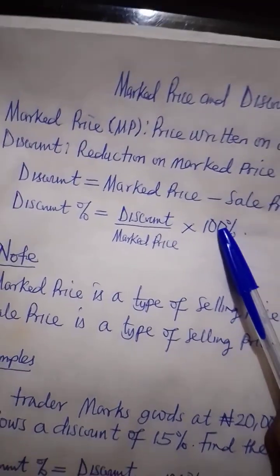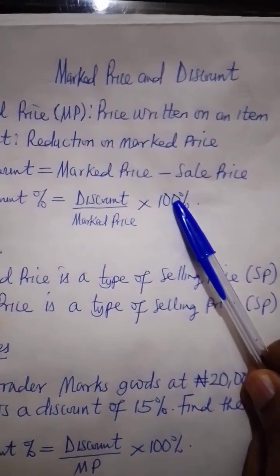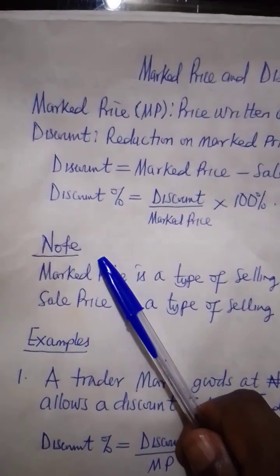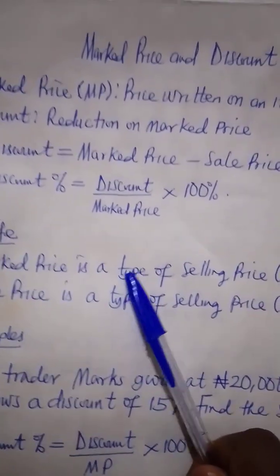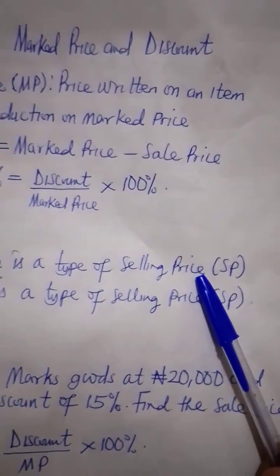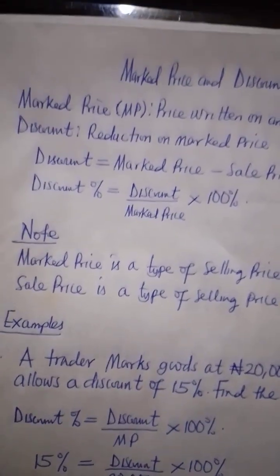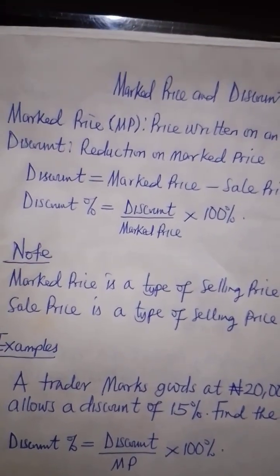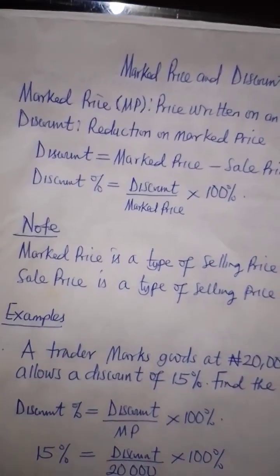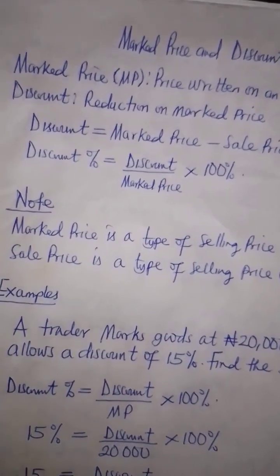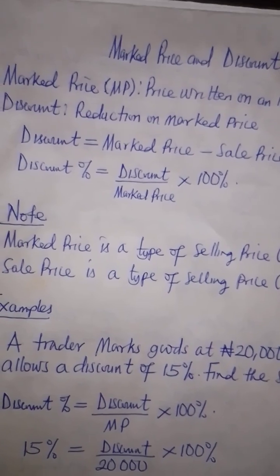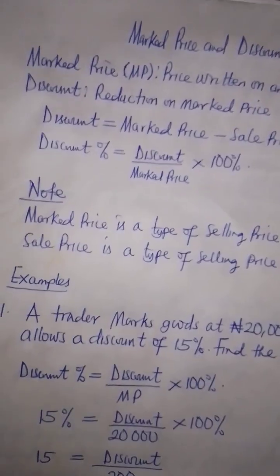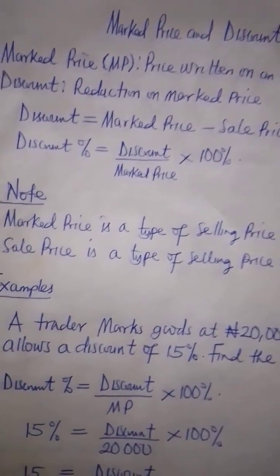You would need to recall the formulas we took in our previous lecture. You will need to commit those formulas to memory. I want you to note certain things, that marked price is also a type of selling price. That is, if the price that is written on the item is given to the customer and the customer was not given any discount, we can also take the marked price to be a type of selling price.